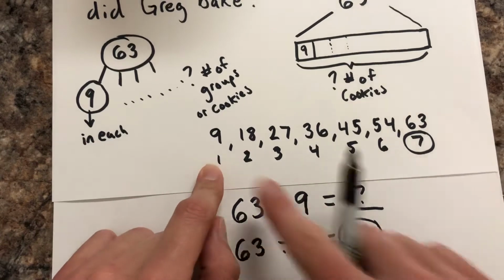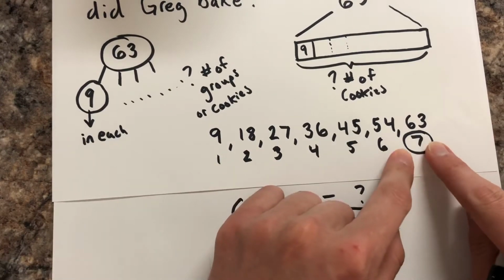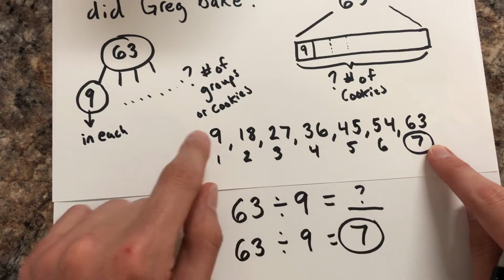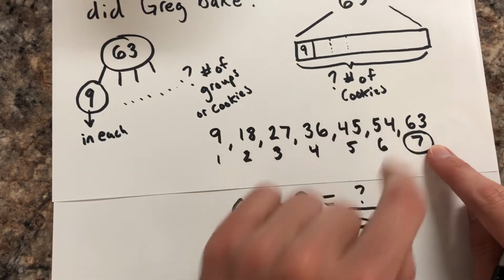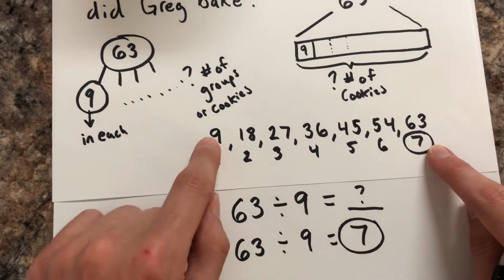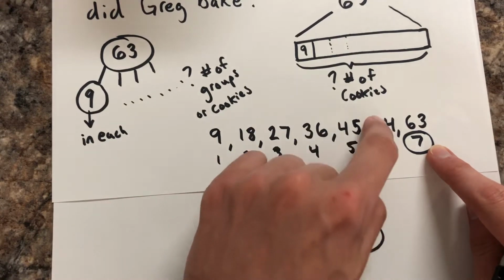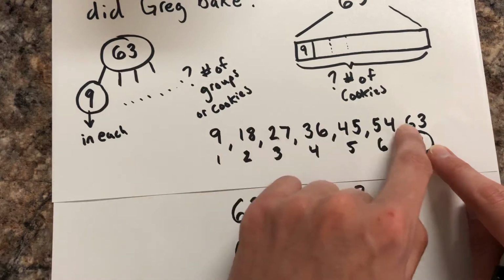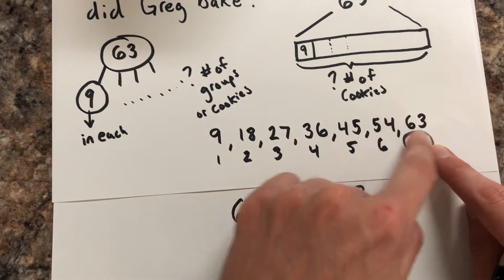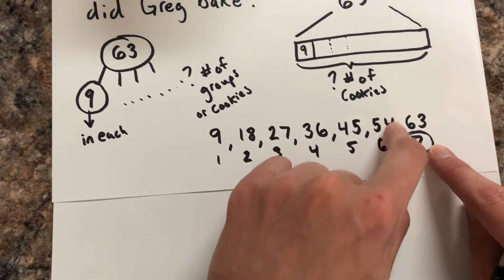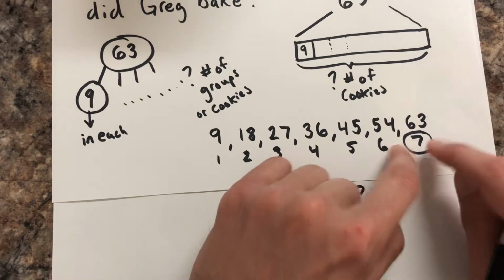Because it would take 7 cookies with 9 chocolate chips on each for me to get to 63. The first cookie has 9, the second cookie has 9, the third cookie has 9, the fourth cookie has 9, the fifth cookie has 9, and so on. But then when I add it all together, multiply it all together, divide it all together, 63 chocolate chips on 7 cookies.